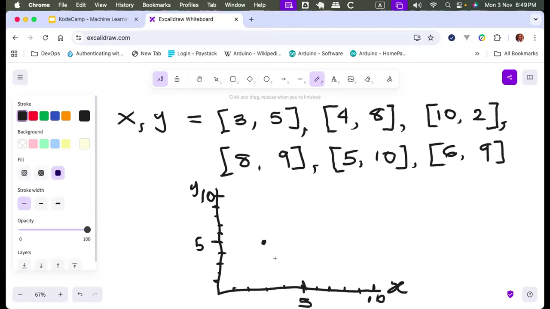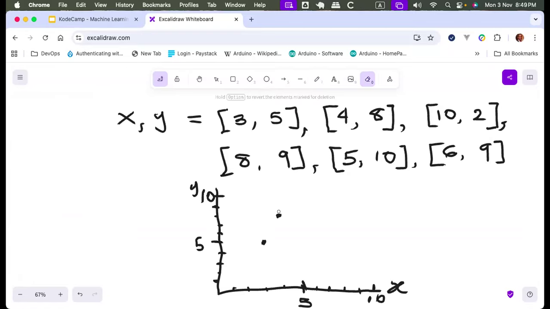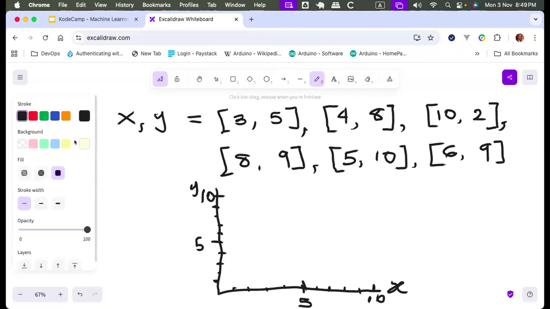Then 4 and 8 is somewhere here. Let me use a different color for this, let's say blue. So 3 and 5 is here.